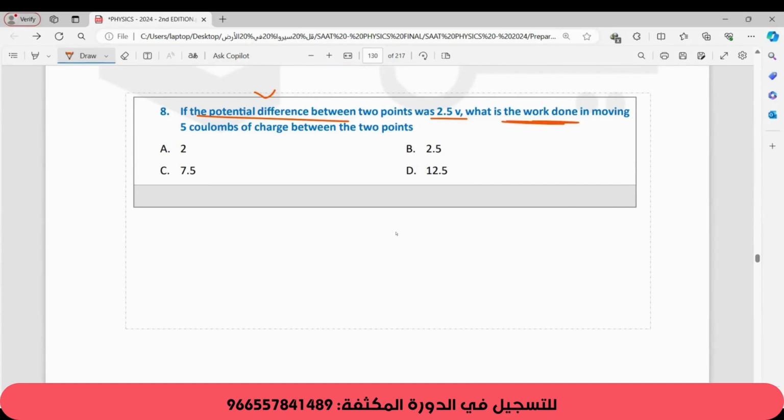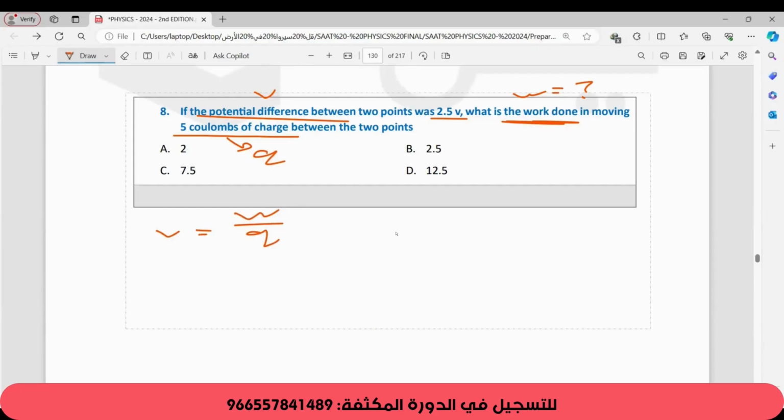There is work applied to move this charge, which equals 5 coulombs. So we need the work, and here is the Q. We apply V equals W over Q. So our answer, it is D.